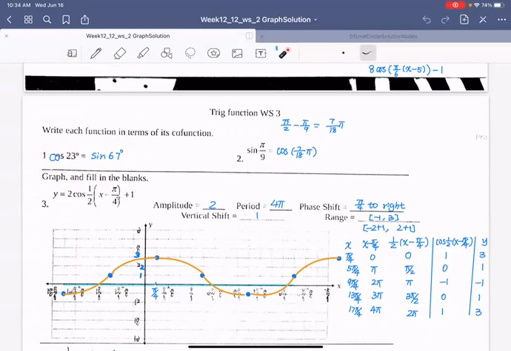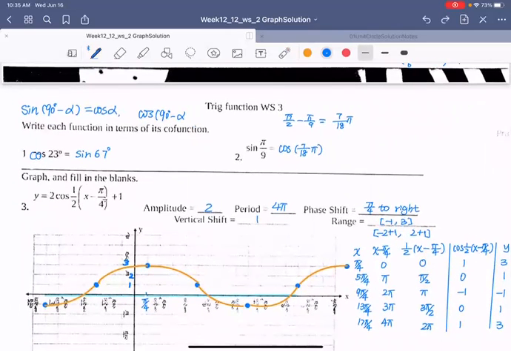So cosine 20 degree, we already know that. Okay, so cosine 23 degree equals to sine 67 degree.